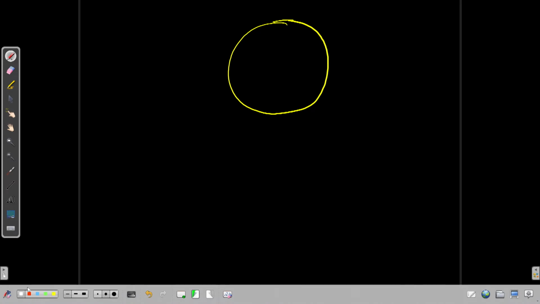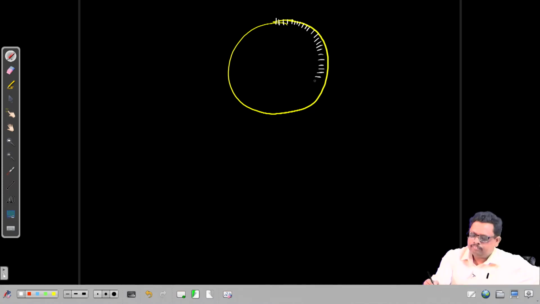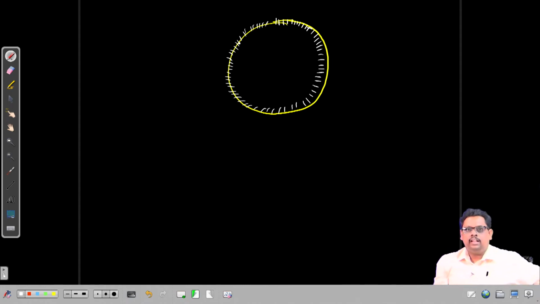What you can do is take very small segments here, and then approximate by joining these two segments with a straight line.